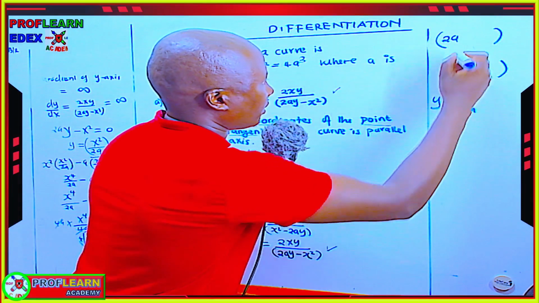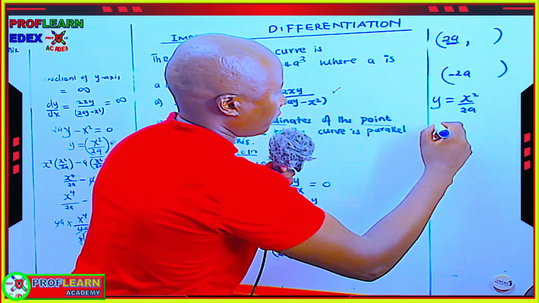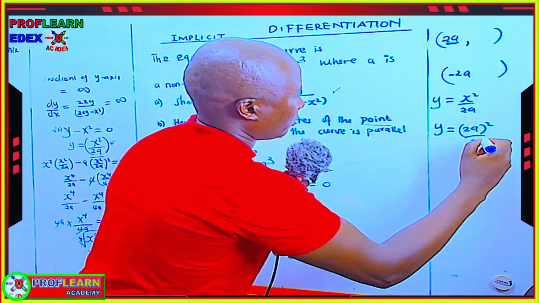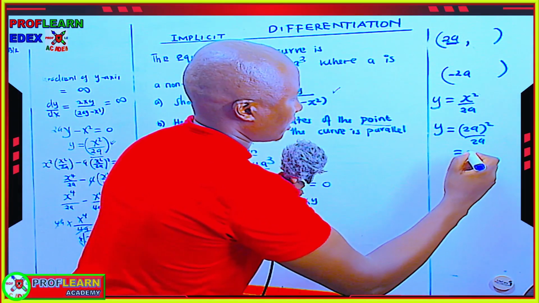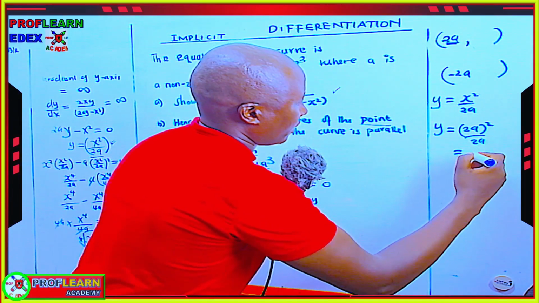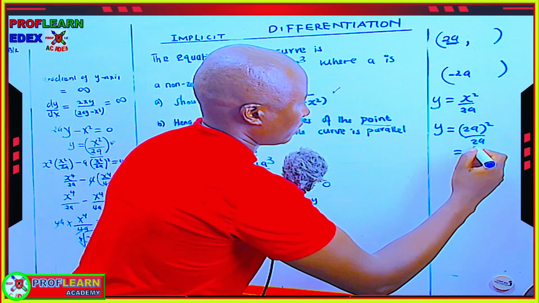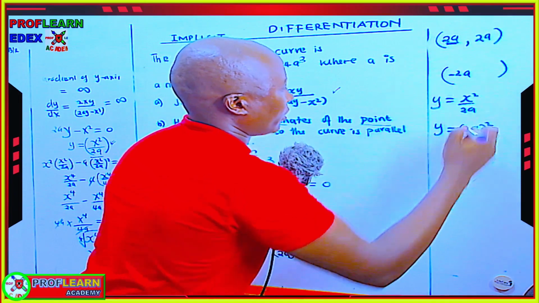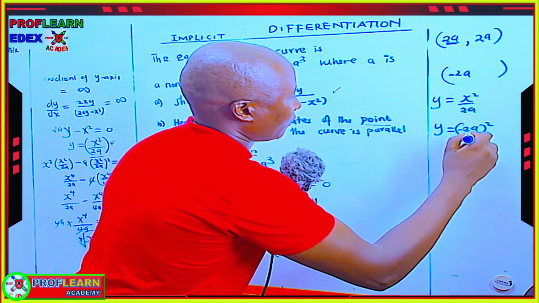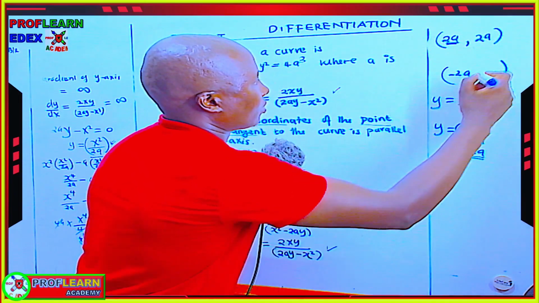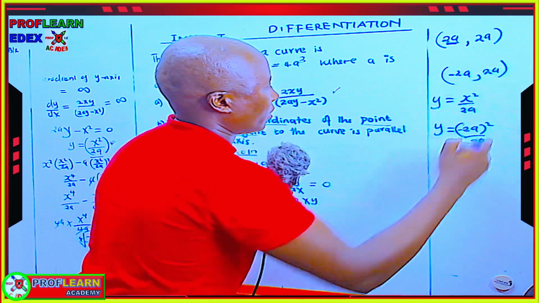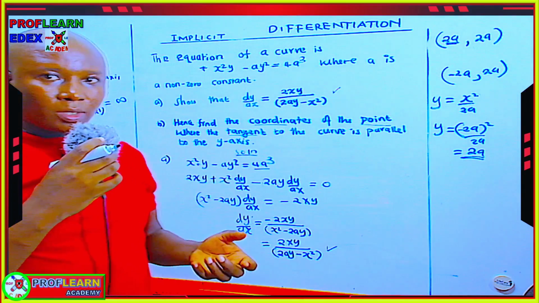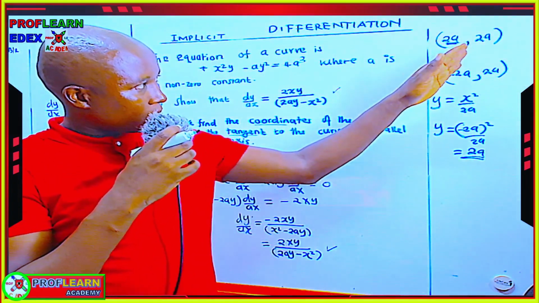So substituting the first value here, we have y equal to 4a squared over 2a, which basically is 2a. Substitute the negative value also. So these are the coordinates where the tangent is parallel to the y-axis.